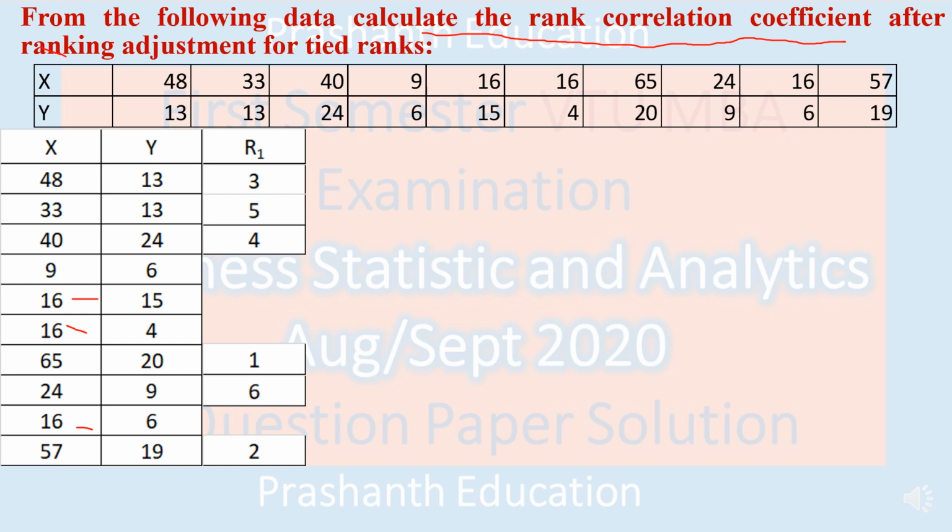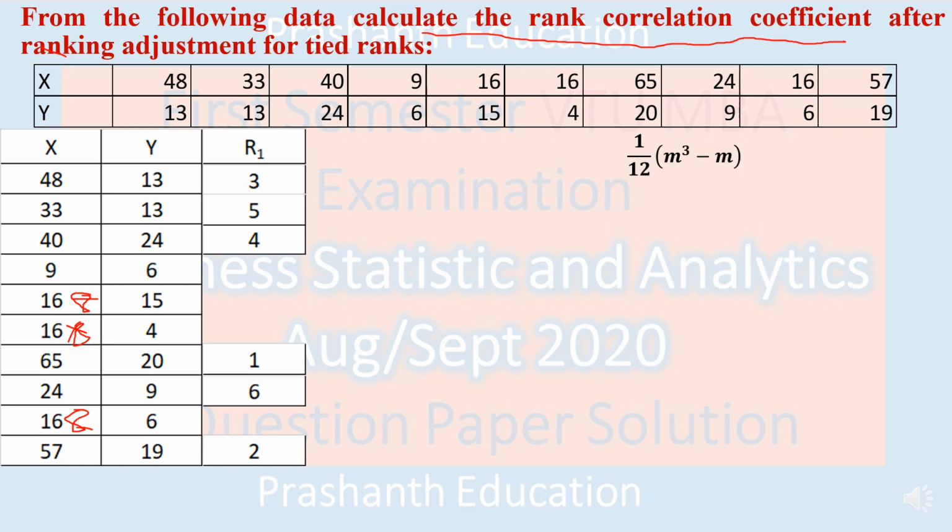How many numbers are repeating? That many ranks you need to take. So 7, 8, 9, and divide it by 3. You don't have to do the division, but if you want to, you can. Otherwise, I will assign rank 8 to each of these, and do my adjustment for the rank.